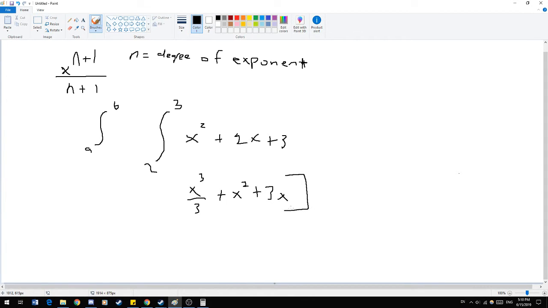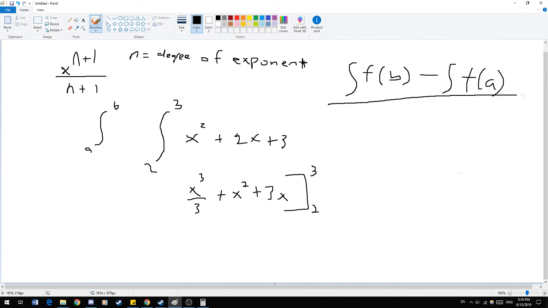Now we're gonna find the definite integral here. So how that's done is find the integral of the function inputting our upper limit b, and subtract the integral of the function at a from it.